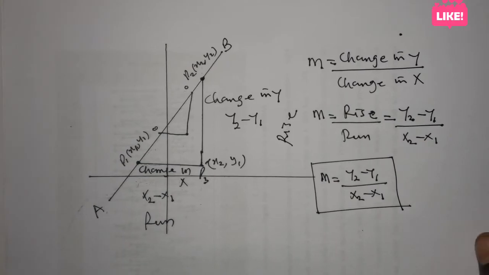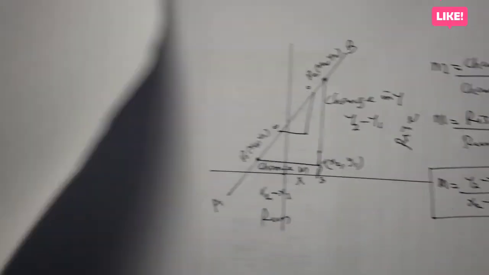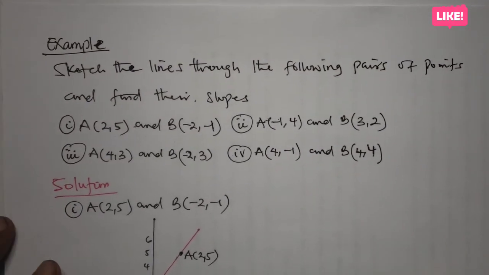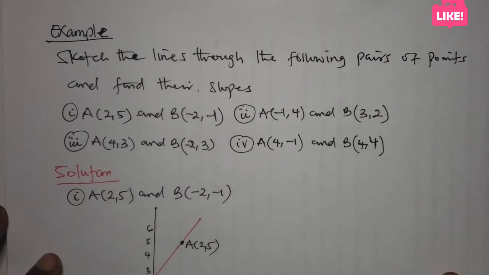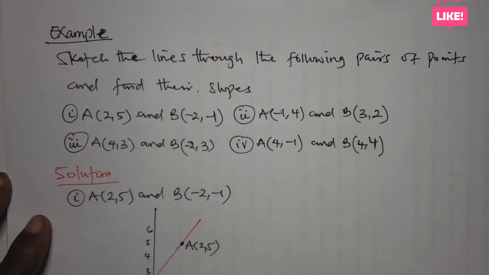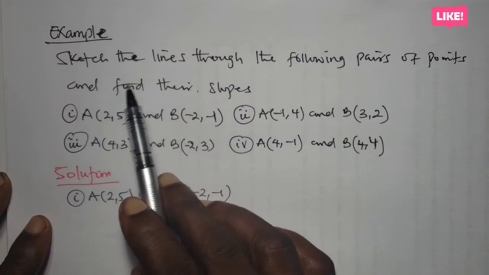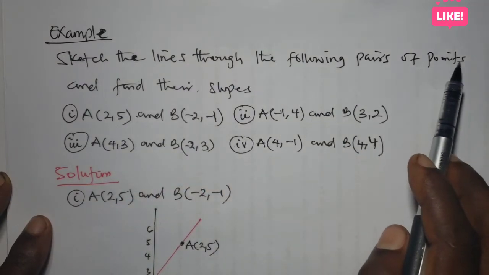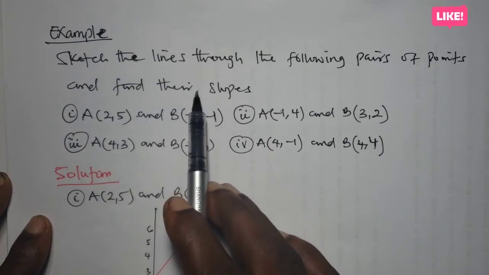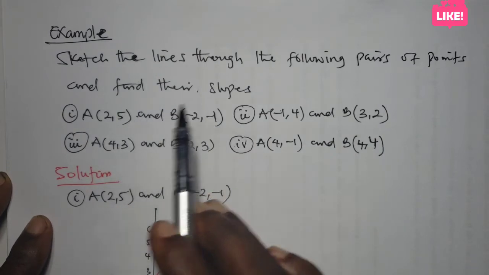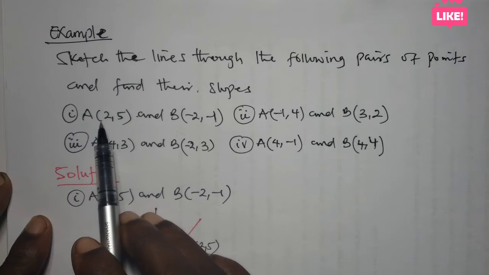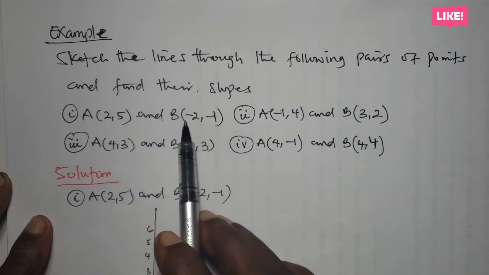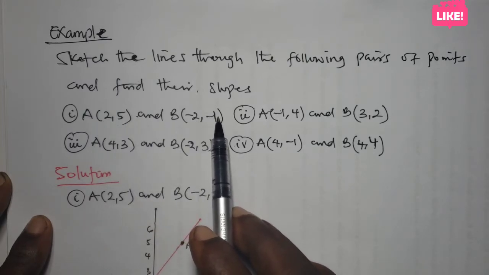We will now take a few examples to illustrate what I have discussed so far. Example: sketch the lines through the following pairs of points and find their slopes. The first pair is A (2, 5) and B (-2, -1).